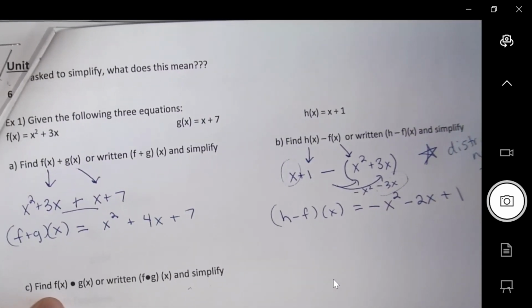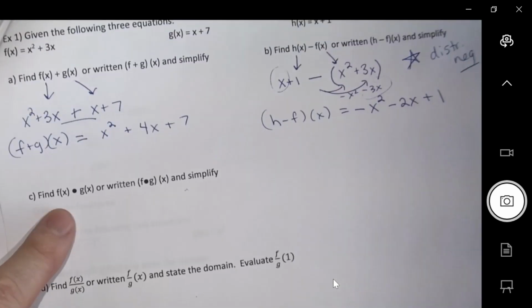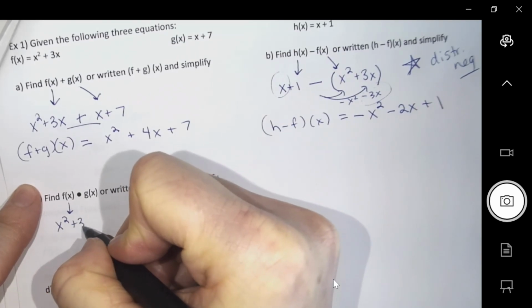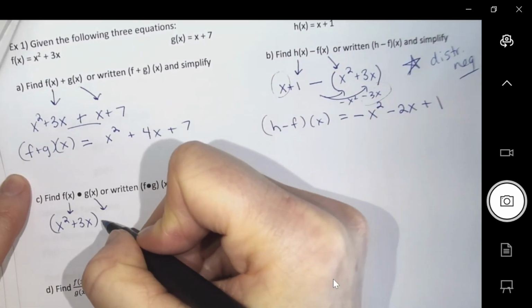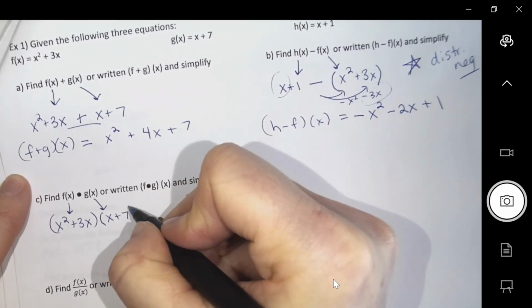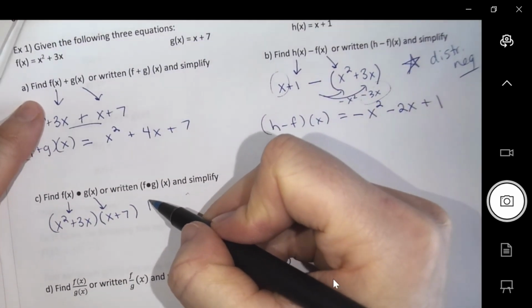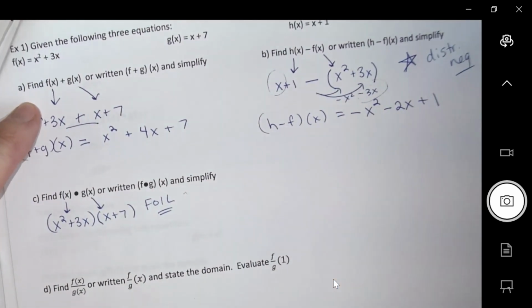Okay, this one says we have to multiply the f function by the g function. So what are you going to do when you multiply something that looks like that in math? You're going to have to do a whole FOIL system.